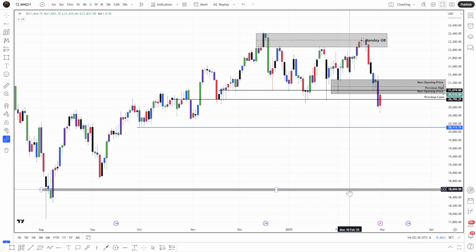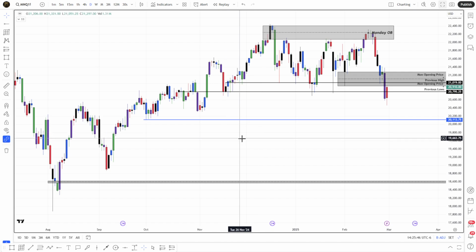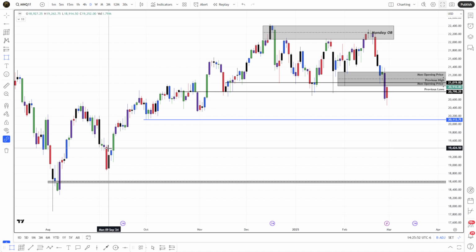So personally, this is my current draw on liquidity. Again, we take it day by day and we go with what the market shows us. This is me formulating a plan based off of the daily chart and higher time frame.